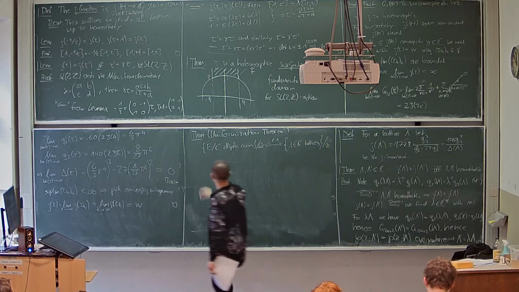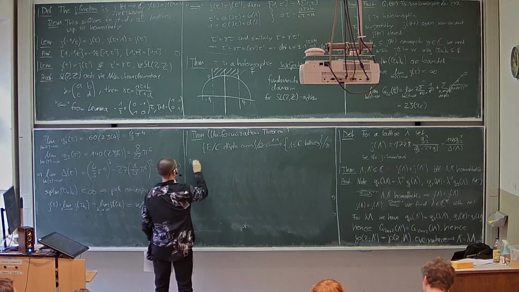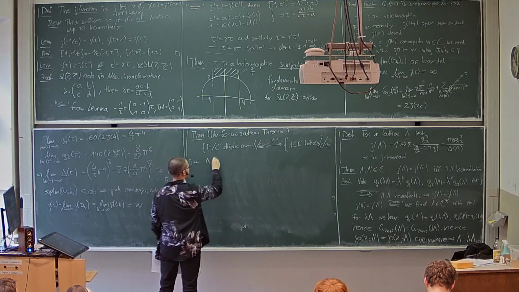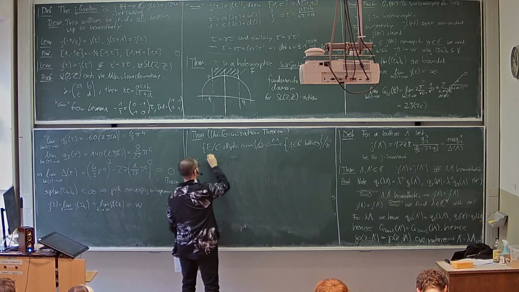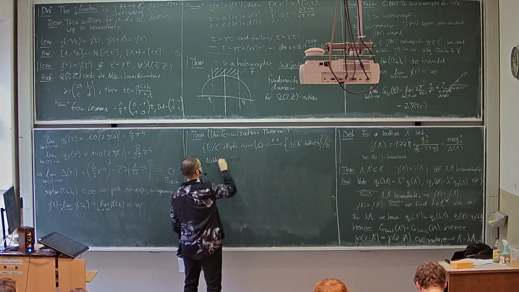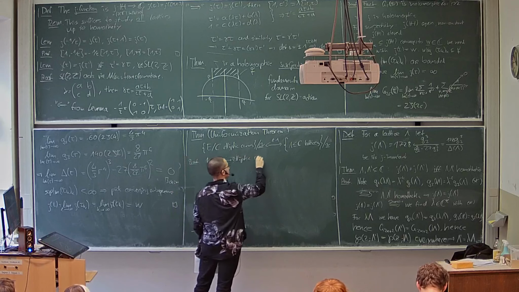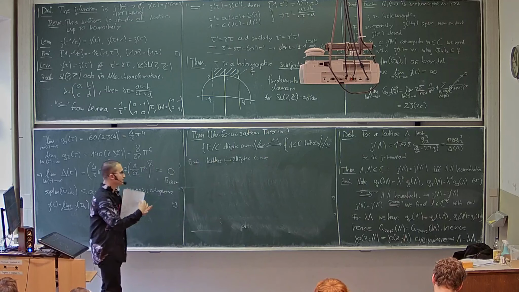So this is the uniformization theorem. And to briefly argue how this works, we get from a lattice an elliptic curve by using the Weierstrass ℘ function and the associated differential equation.